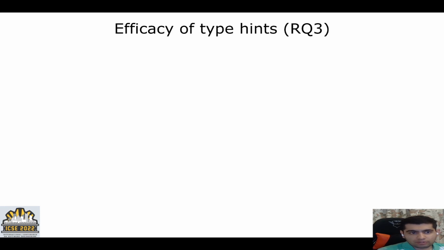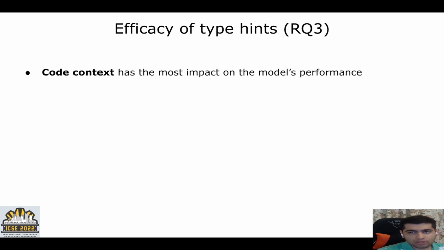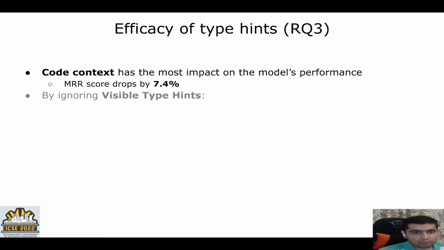In the third research question, we want to measure the effectiveness of the proposed typings and to see how Type4Py performs with the different considered typings. We found that code context has the most impact on the performance of Type4Py, and by ignoring visible typings, the MRR score drops by 14%, which is significant.